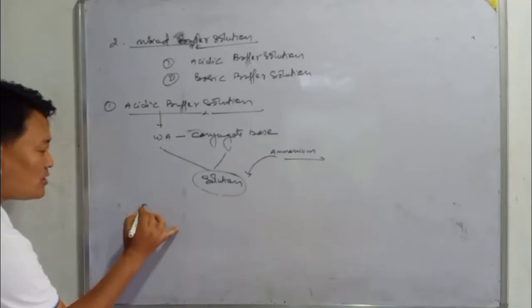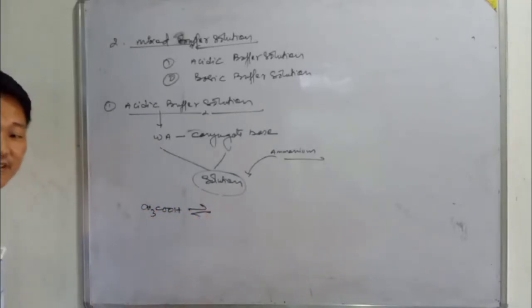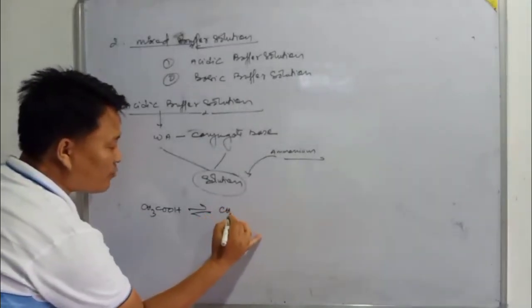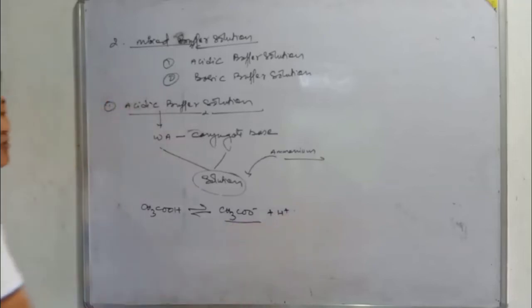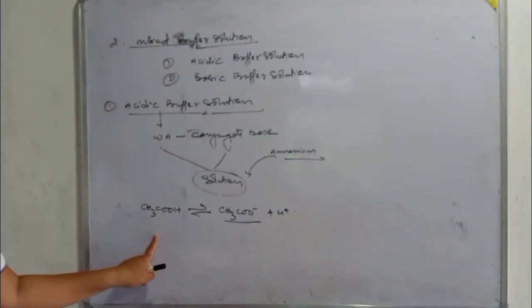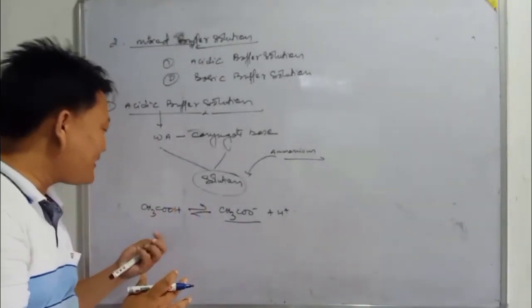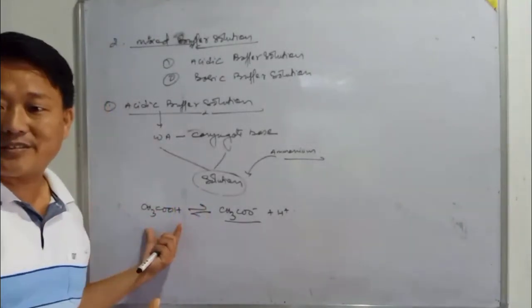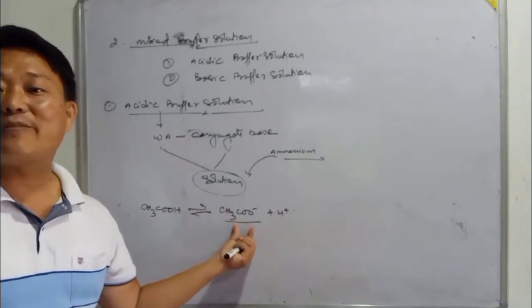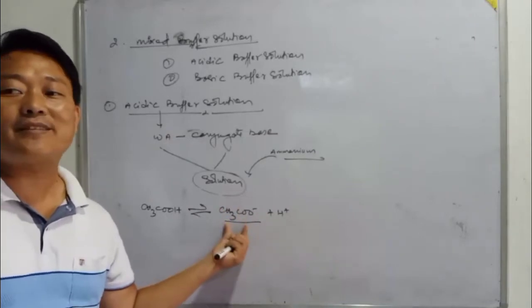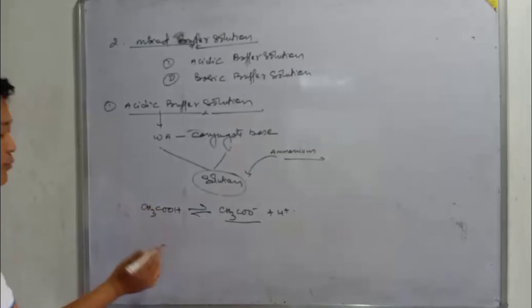See now, CH3COOH ethanoic acid dissociates, okay. Then we get CH3COO minus plus H plus, and this is acid. I have told you earlier, मैंने पहले आपको बोल चुका हूँ यहाँ पे, that when from the acid we remove the proton, that will form the conjugate base, and this conjugate base is weak or strong, for the weak acid it is strong.